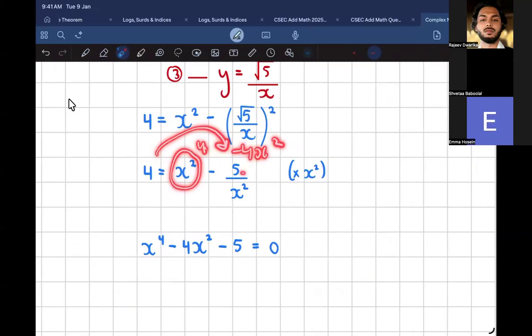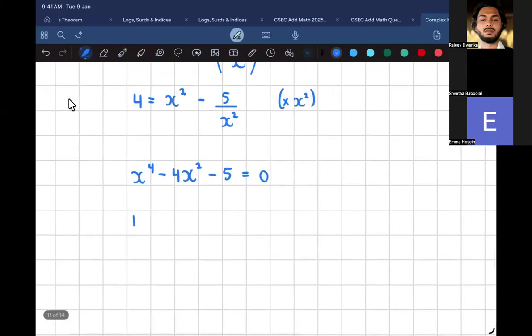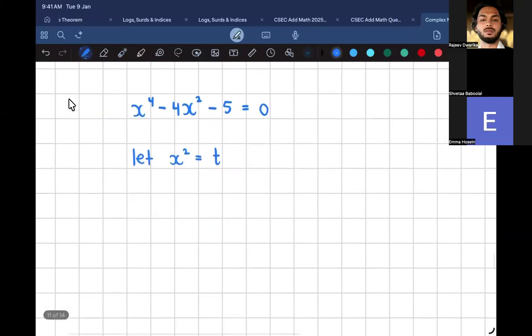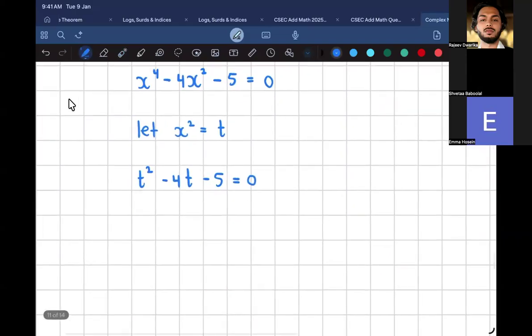And this goes to minus 5. So that's correct. Now we're going to say let x squared be equal to what? Let me use t. So x to the power 4 is going to turn to t squared, x squared is going to turn to t, and it was already minus 5, nothing is going to change. And so we're going to factorize this now.